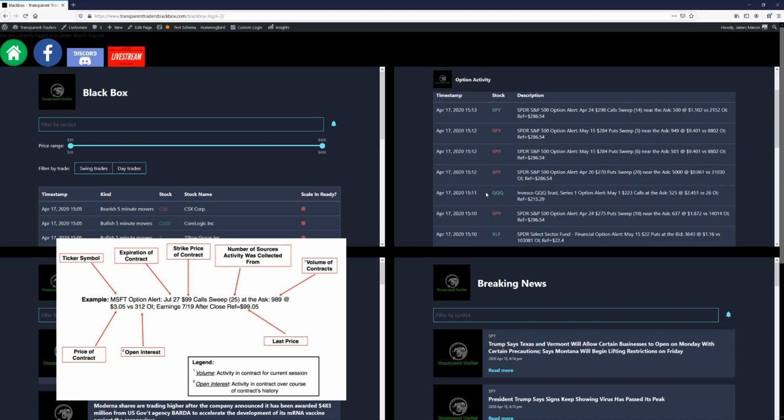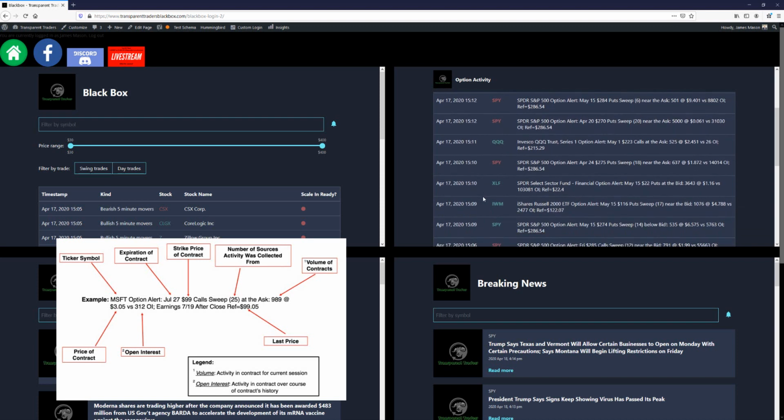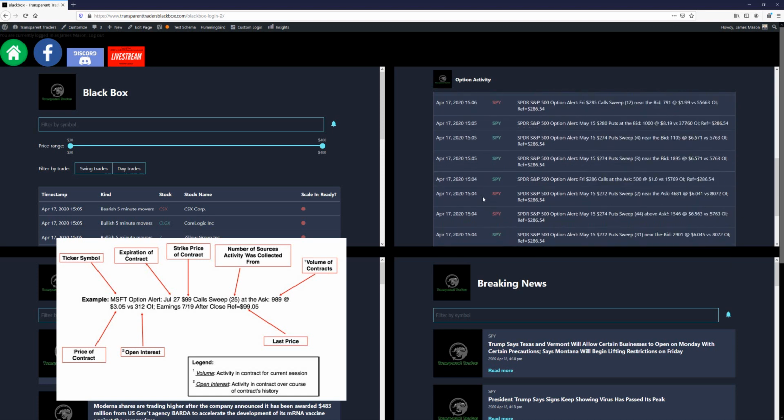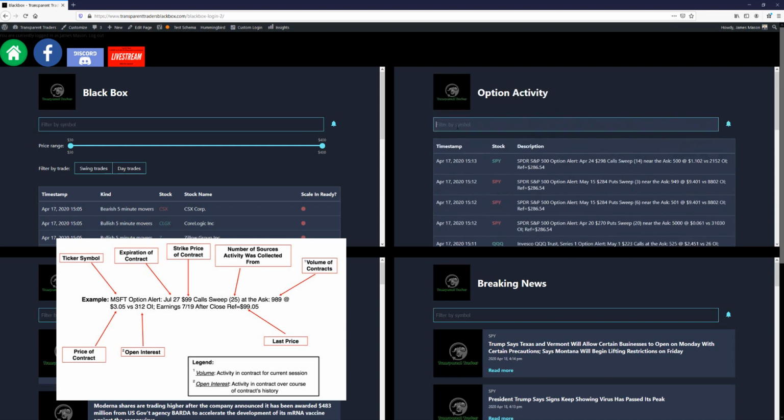A lot of people like to see these orders come through from Wall Street, AKA the smart money, since the market makers control the market. And it's simple. They just like to follow and shadow their trades.